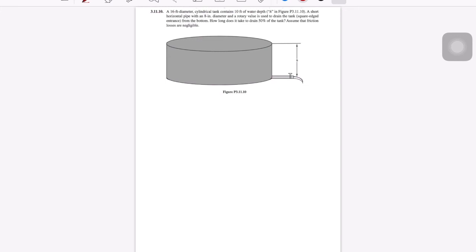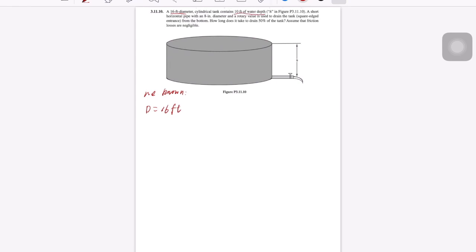So for the last problem, we know the diameter for the tank is 16 feet. We know D equals 16 feet. We use the capital D to represent the tank diameter. And this tank contains 10 feet of water depth.